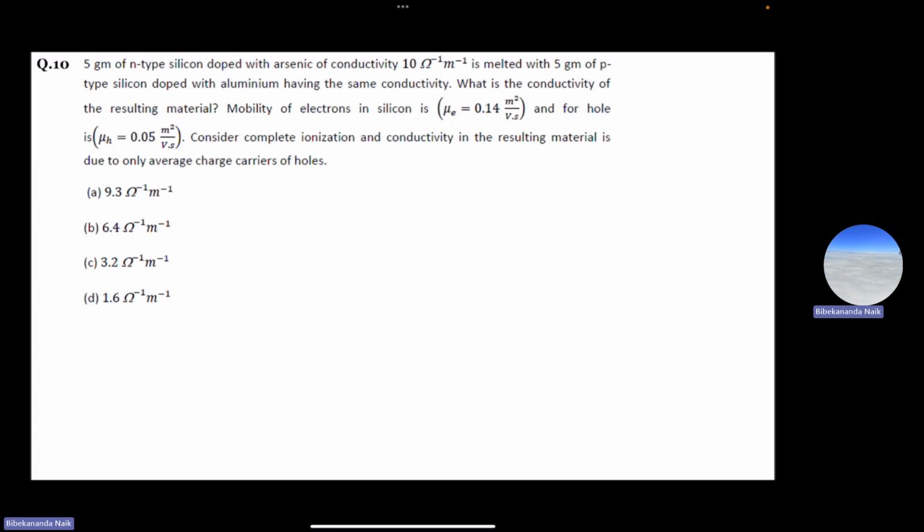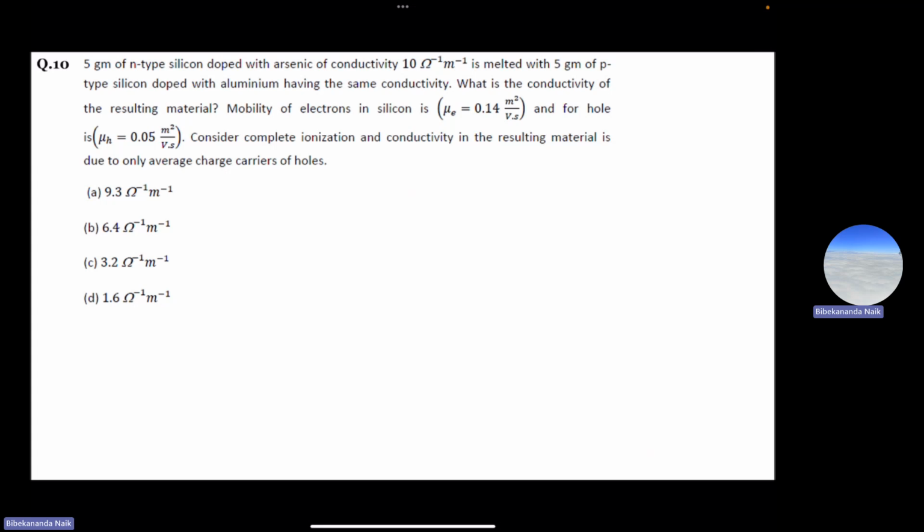What is the conductivity of the resulting material? The mobility of the electrons in silicon is 0.14 and for hole is 0.05 meter square per volt into second. Consider complete ionization and conductivity in the resulting material is due to only average charge carriers of holes.